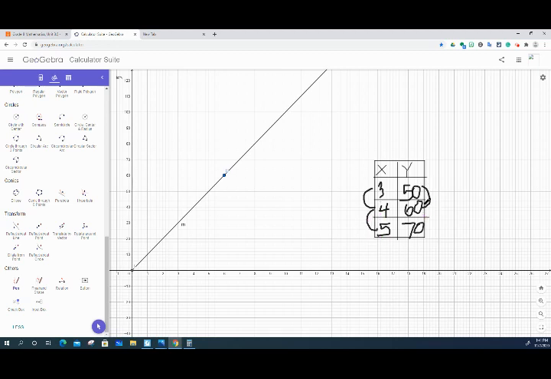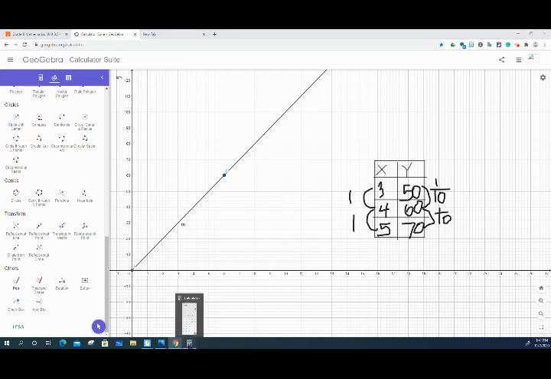My changes here are 10. So 3 plus 1 is 4, 4 plus 1 is 5, 50 plus 10 is 60, and 60 plus 10 is 70. So I still have a change of 1 over 10. So wouldn't this line be exactly the same thing?